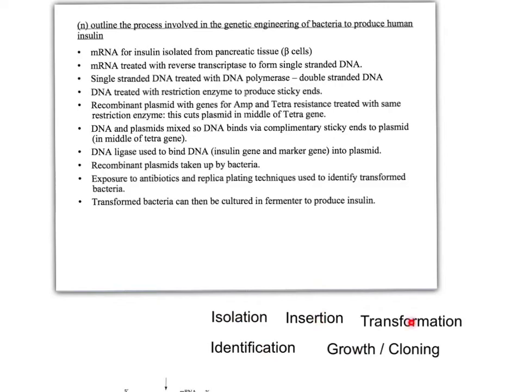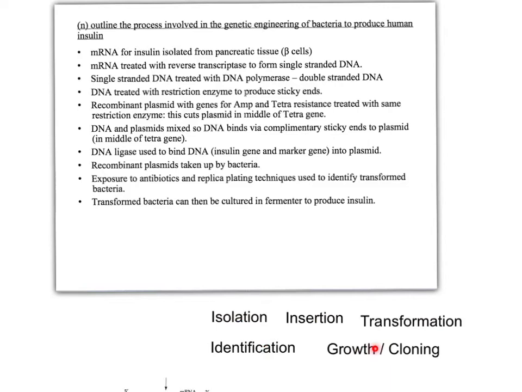Transformation, which is getting our vector into our host cell. Identification is identifying the cells that have taken up the vector, which contains our target gene, and then either growth or cloning of our transformed cells.